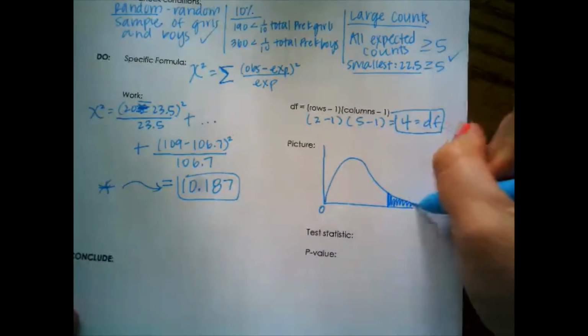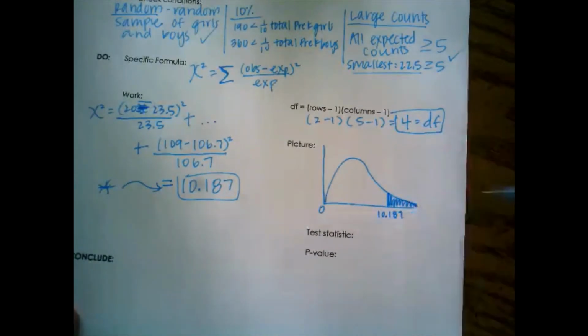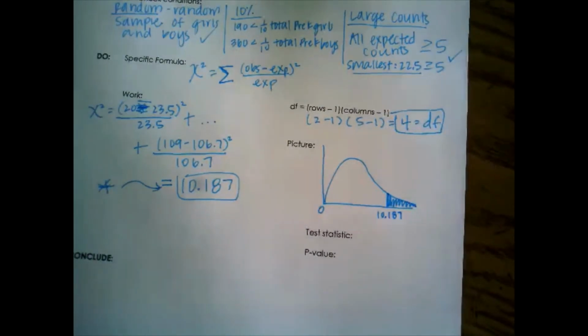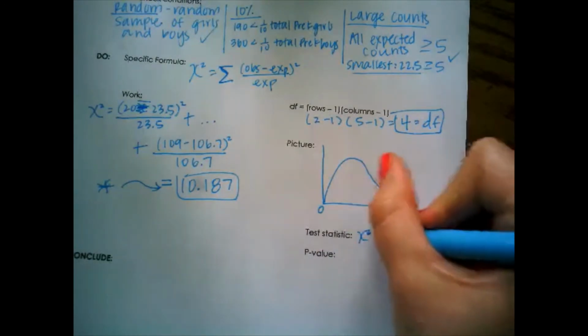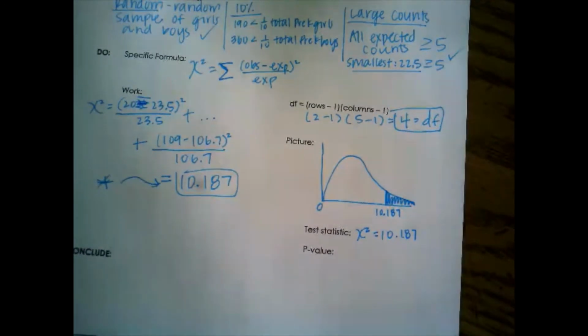Remember, always looking at the tail or greater. So somewhere over here is our chi-square test statistic. Okay? And we know our chi-squared is 10.187. And we now need to find our p-value.